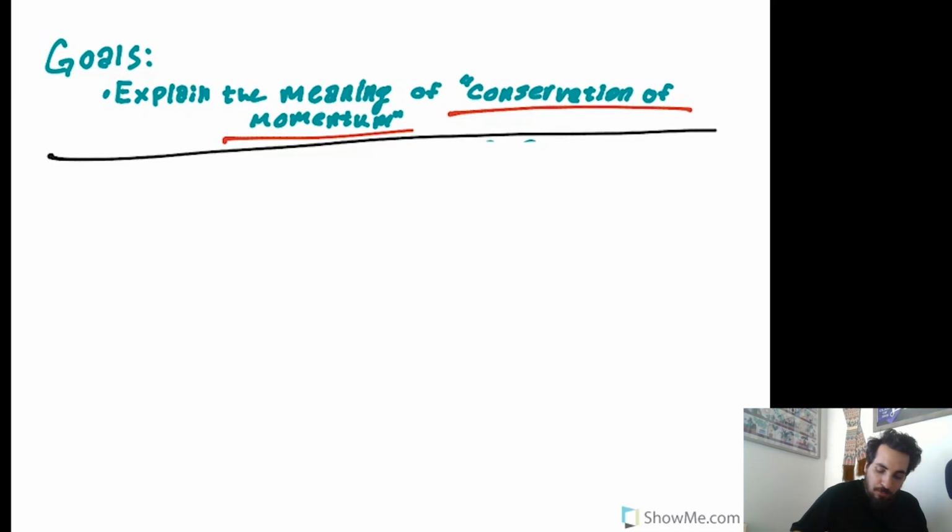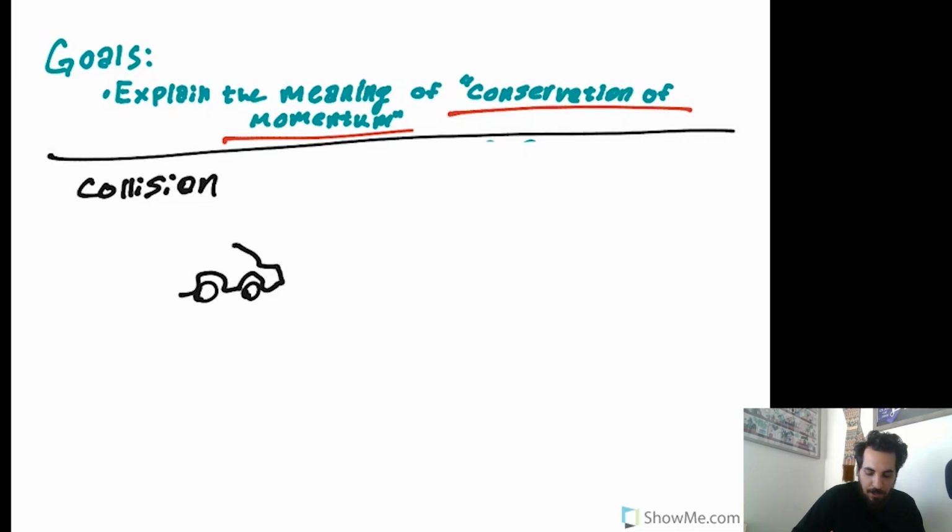So momentum is really helpful for solving these complex problems we call collisions. When we have a collision, oftentimes we are talking about two objects that are heading towards each other and crash into each other, right? So we're going to imagine two cars here. They're about to get into a little fender bender, nothing too major.